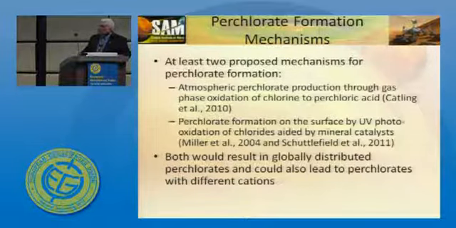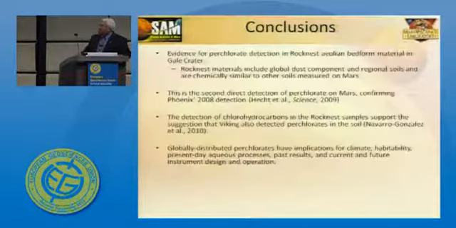And this mechanism suggests that the formation of perchlorate has to be global. So we have observed this perchlorate in the Arctic. With SAM, we have detected it in the equatorial region, and with Viking, we have evidence in mid-latitudes.